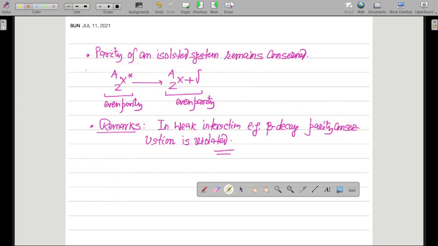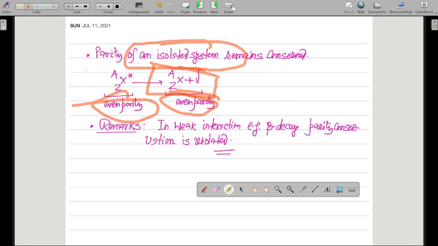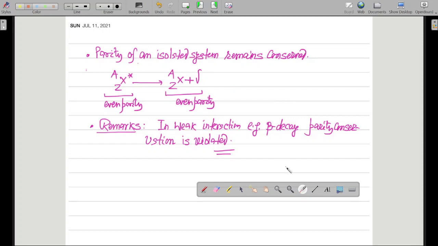But if you consider both these things to be part of the same system, then the parity is going to be conserved. If this had even parity, then this will also have even parity because the system is isolated. The way energy is conserved in an isolated system, similarly parity is also conserved in an isolated system.